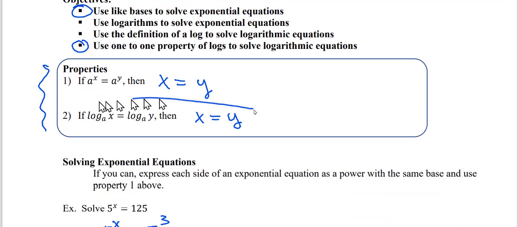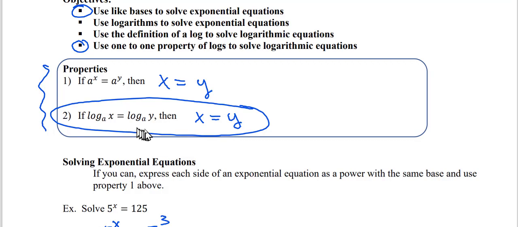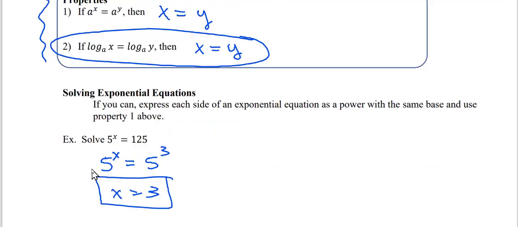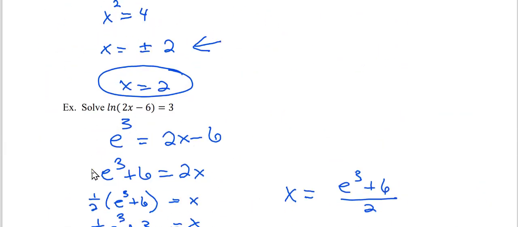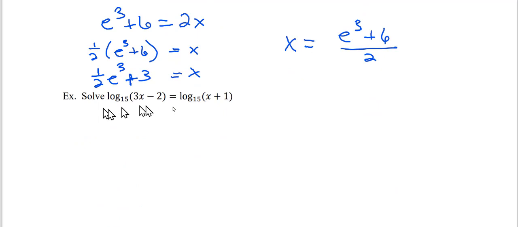If you have 2 logs equal to each other with the same base, then the insides are equal. That's called the 1-to-1 property of logs. We are going to use that for this example. The only way for that to happen is if the insides are equal.